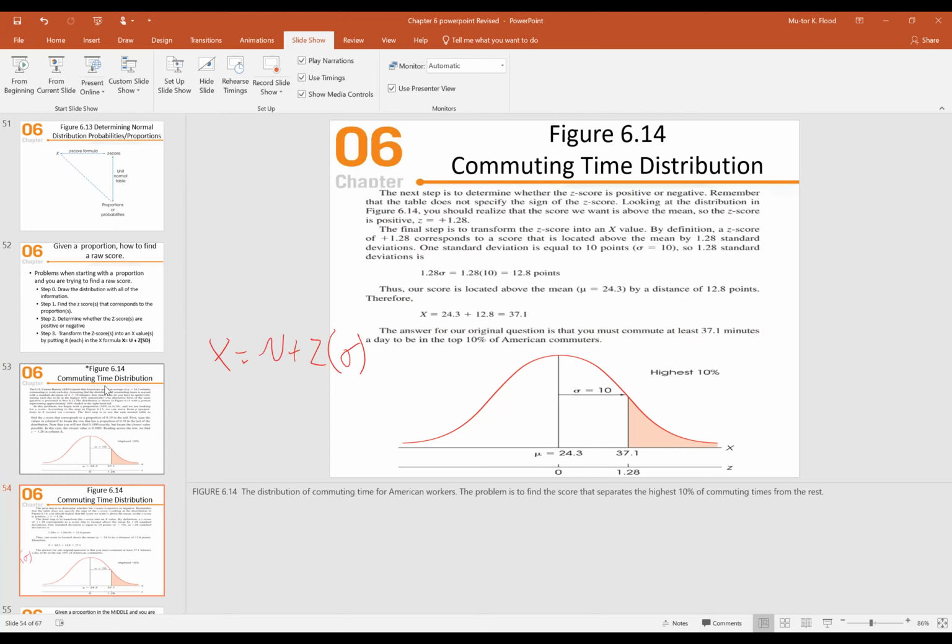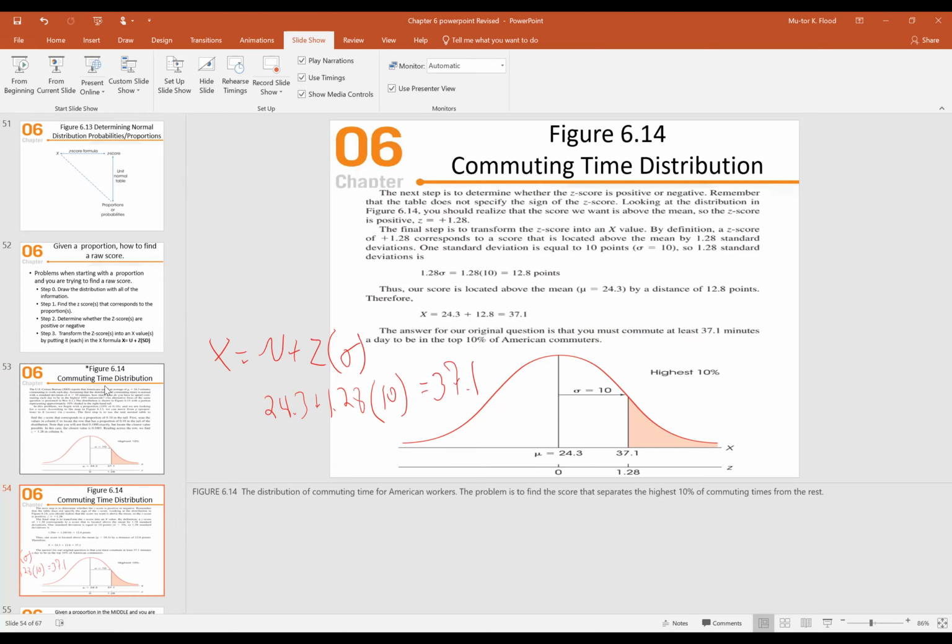The population mean was 24.3. The Z-score was 1.28 times the standard deviation, which was 10. And so you add all that up and that gives you 37.1.